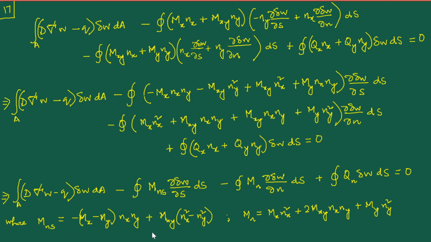So you think about it a little bit. If you remember what you did when learning transformation of stresses in 2 dimensions, you considered with respect to an xy coordinate system stresses like sigma xx, sigma yy, and sigma xy, and then you went on to obtain the relationship for stress components in another rotated coordinate system, the x dash y dash coordinate system, where you had sigma x dash, sigma y dash, and sigma x dash y dash.